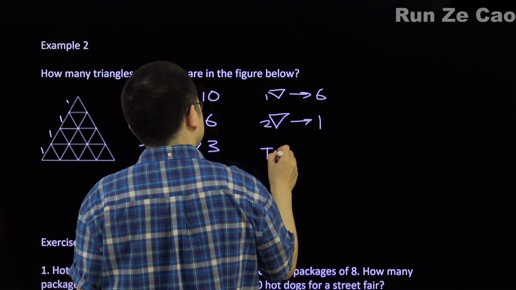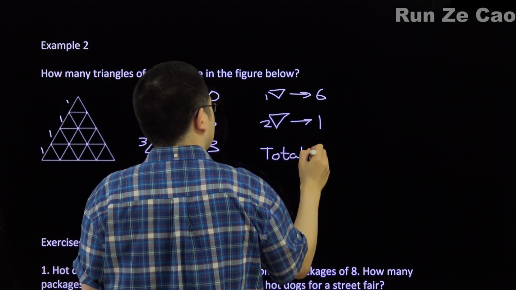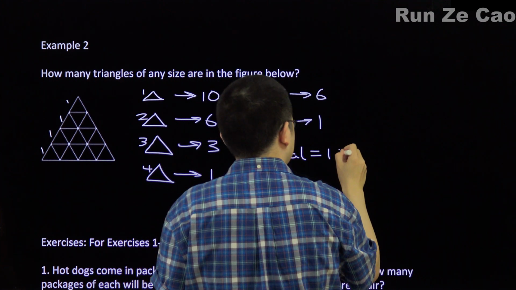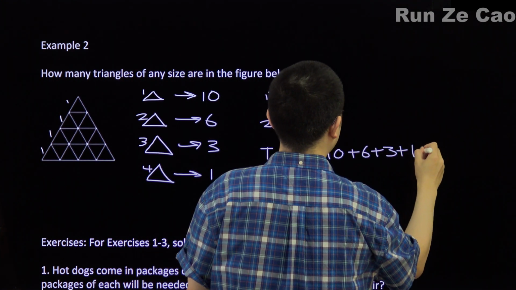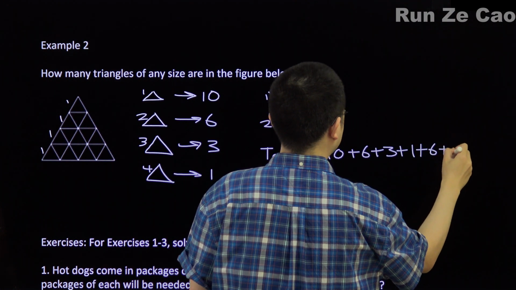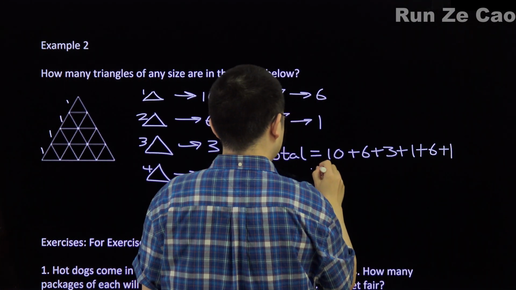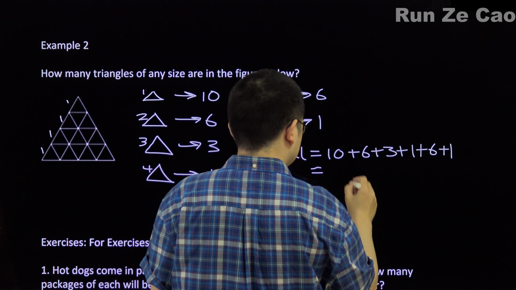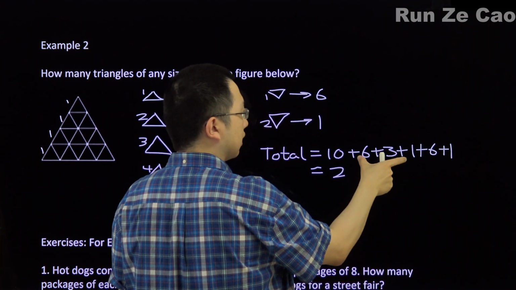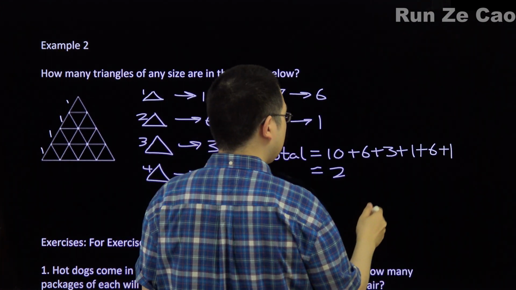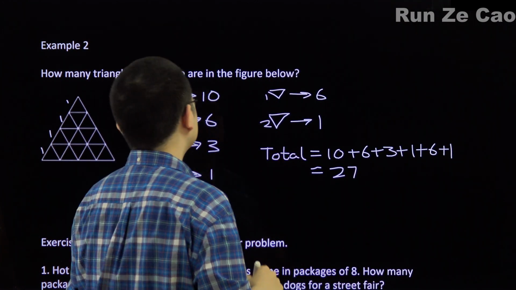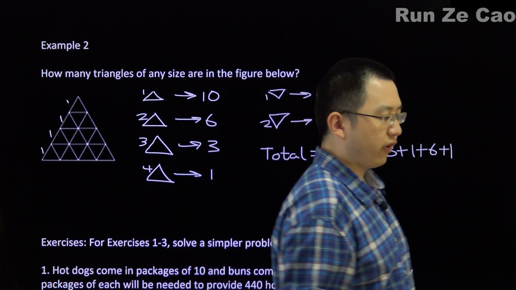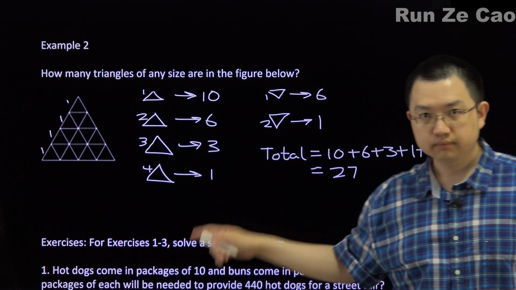So total is equal to 10 plus 6 plus 3 plus 1 plus 6 plus 1. So that's 20, because 6 plus 3 plus 1 is another 10. And 6 plus 1 is 7, so that's 27 in total. Triangles of any size in this figure.